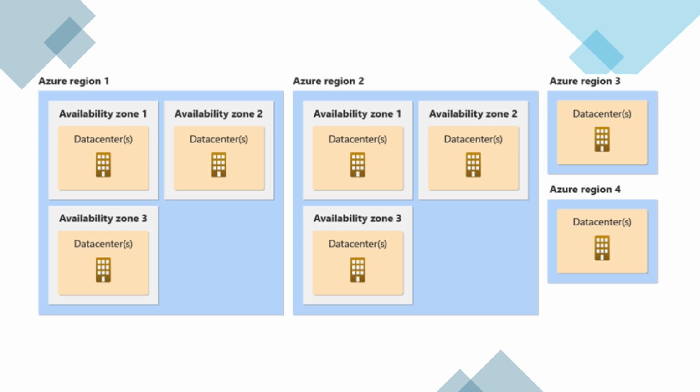Each Azure region that supports availability zones includes at least three physically separated zones. These zones operate independently with their own dedicated power, cooling, and networking resources. Yet, they are tightly interconnected using low latency links that allow for synchronous data replication.